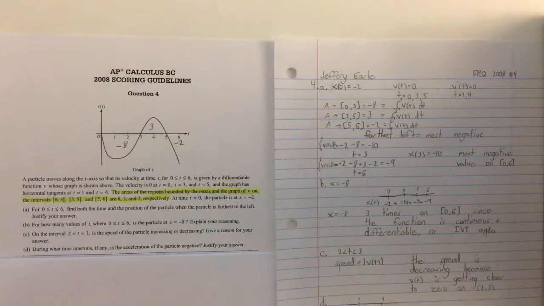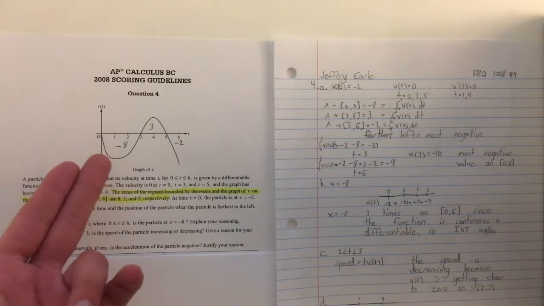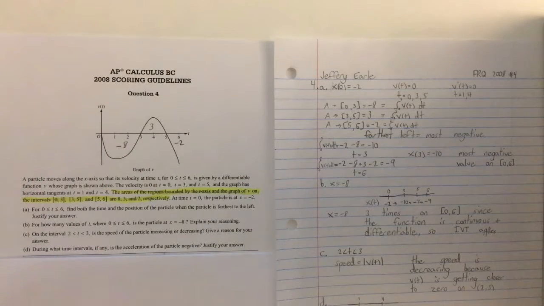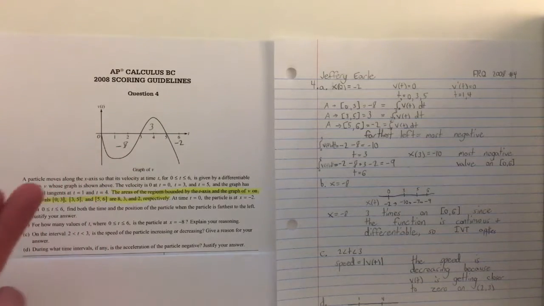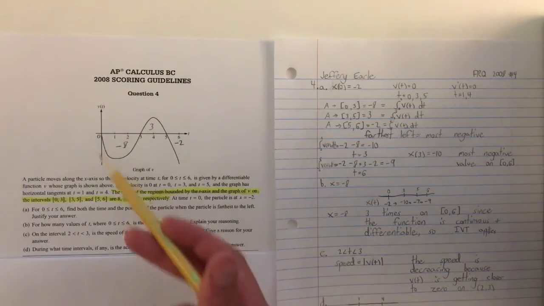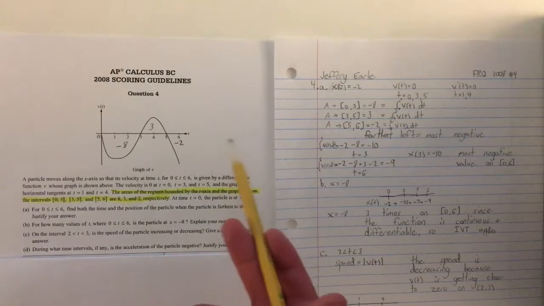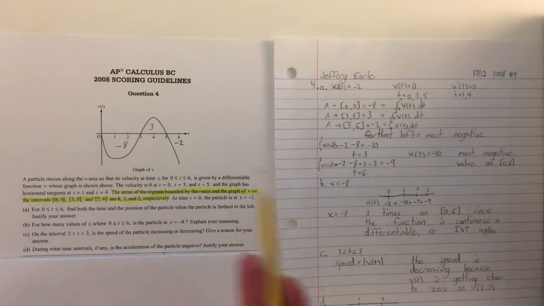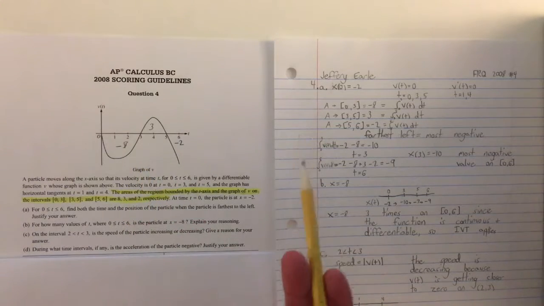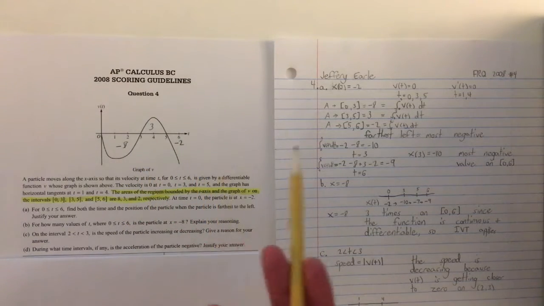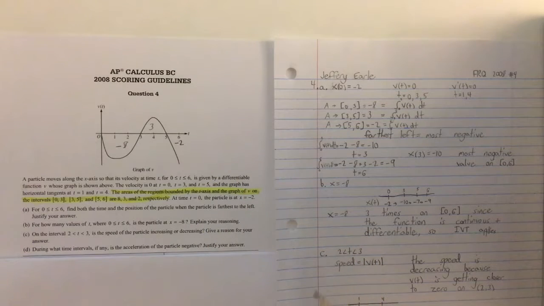Because what we're looking at here is the area under these curves, the area is going to be the distance traveled by the particle. So on the interval 0 to 3, the particle has traveled -8, so 8 to the left. And then from 3 to 5, it's traveled 3 to the right. And then from 5 to 6, it's traveled 2 to the left.